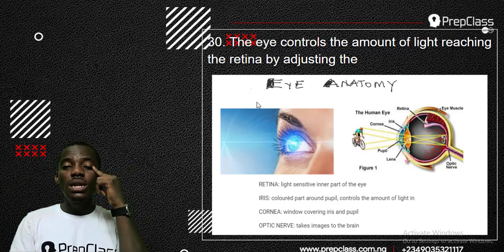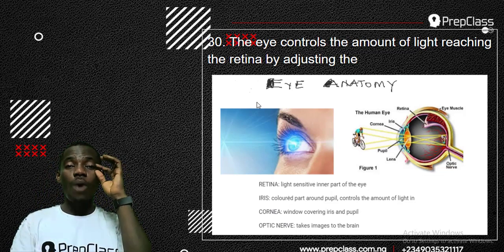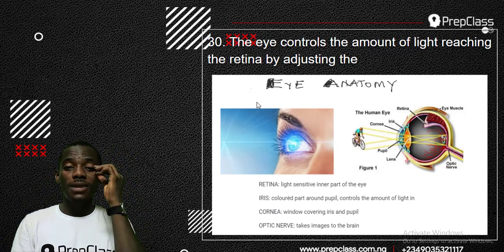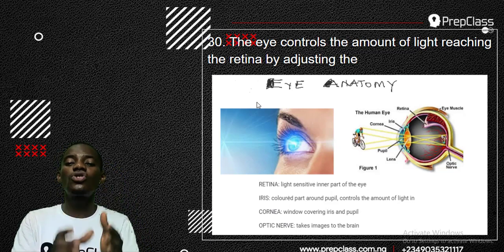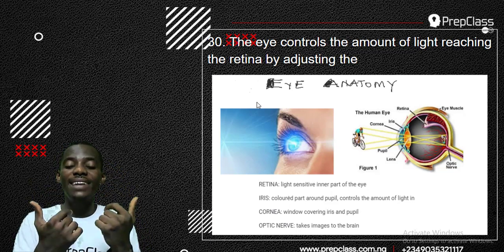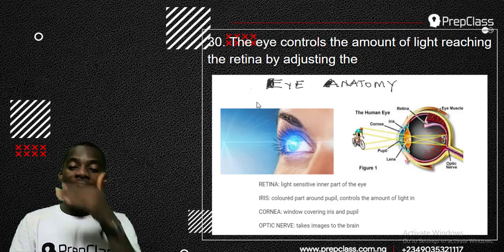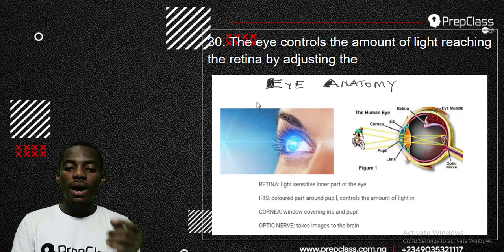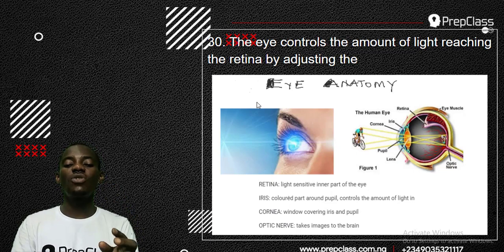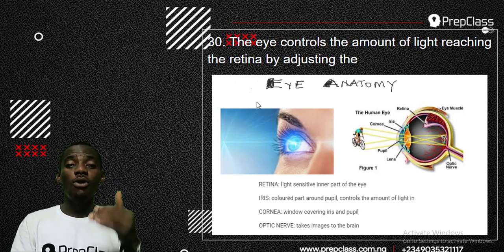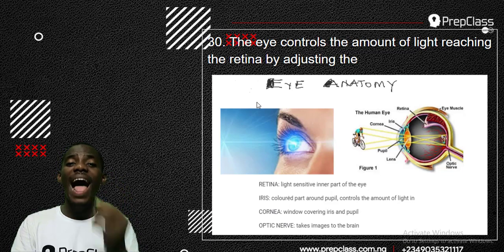But in my eyes only, without my brain, you are upside down. Images form at the retina upside down, but it is not the retina that controls the light entering the eyes. Now let's check the iris. The iris is the colored part around the pupil, and it controls the amount of light in. So the part that controls the light entering the eye is the iris.